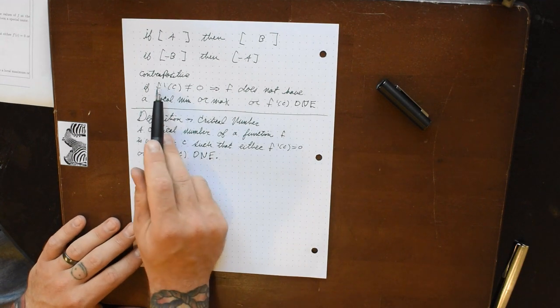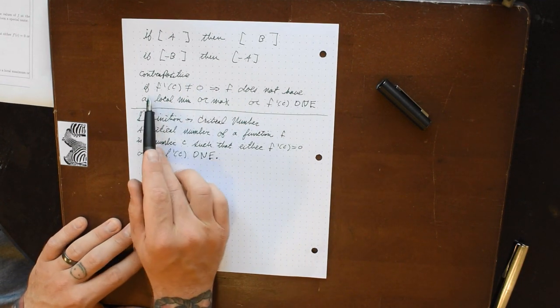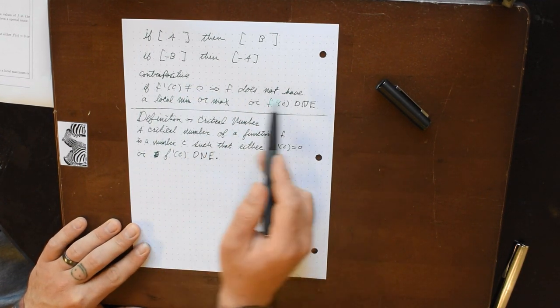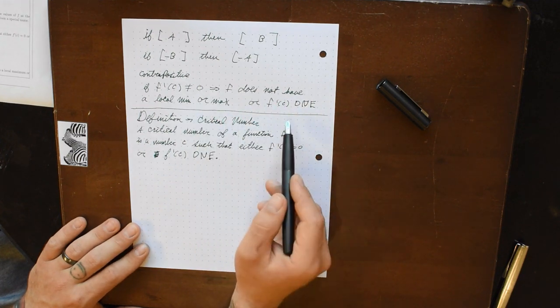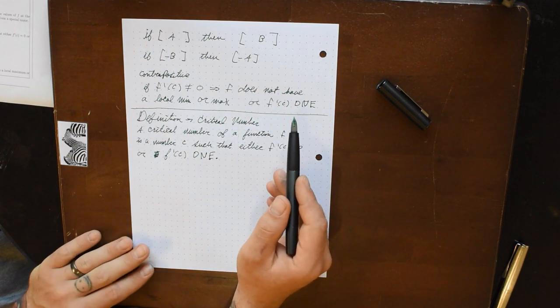So by the contrapositive to Fermat's theorem, if this derivative isn't equal to 0, then we don't have a local maximum or min, or the derivative doesn't exist.